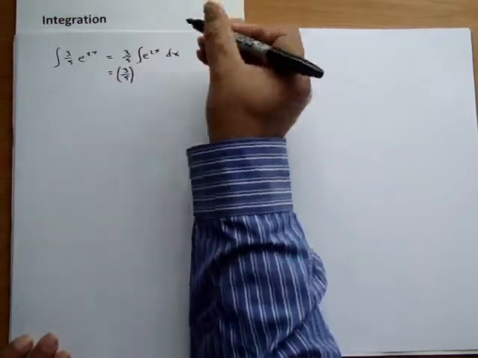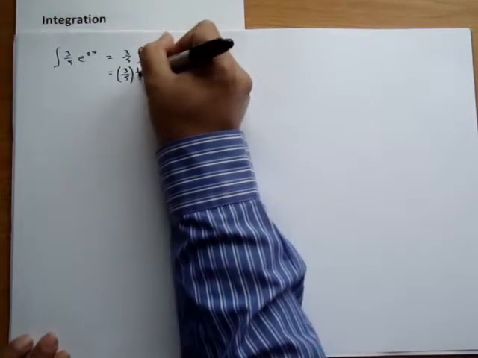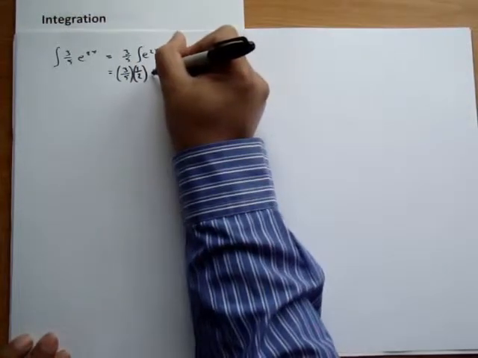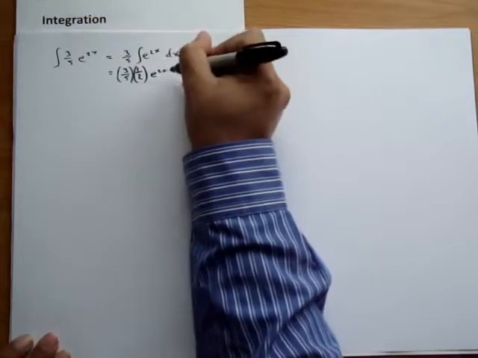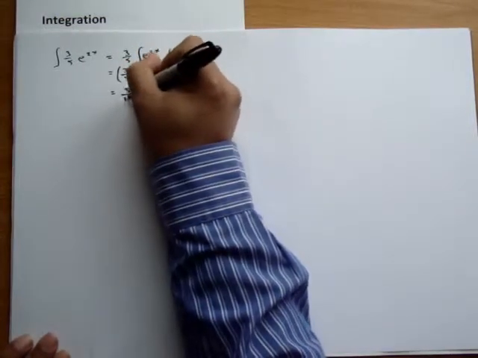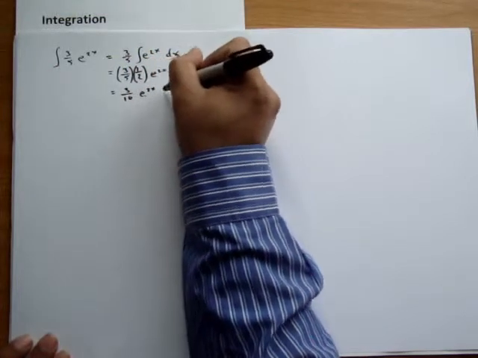Remember, the 1 over the a becomes 1 over 2, e to the 2x plus c, which equals 3 over 10 e to the 2x plus c.